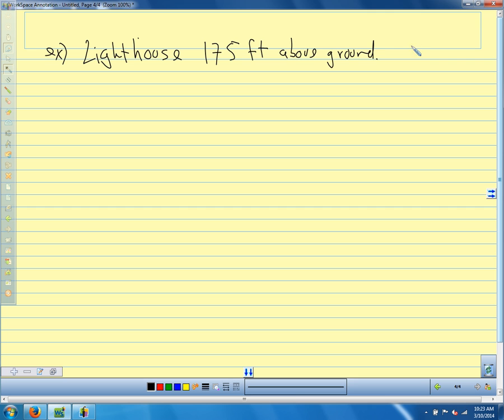The angle of depression to a ship is 62 degrees.